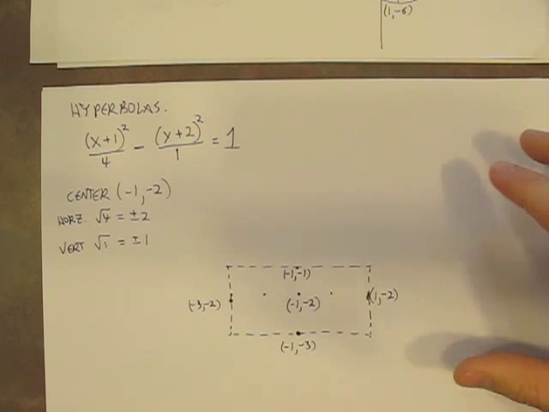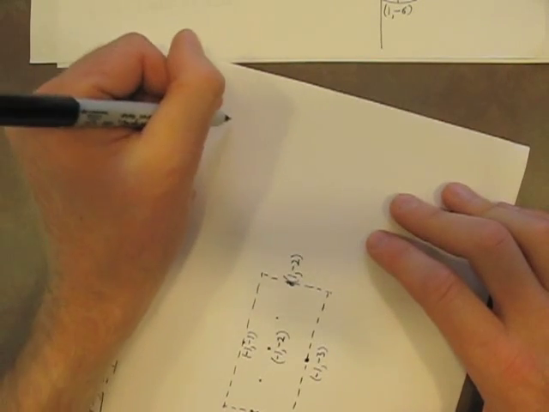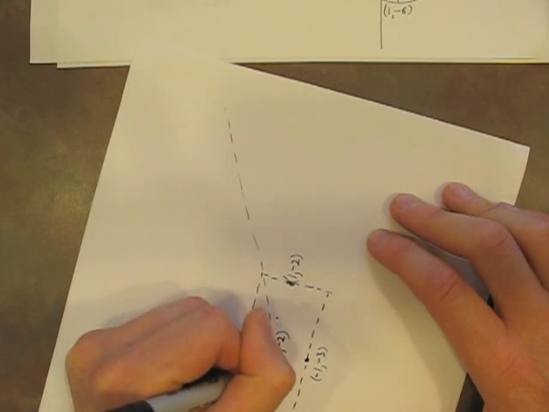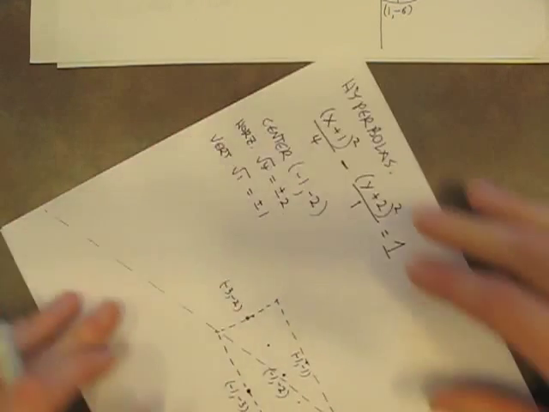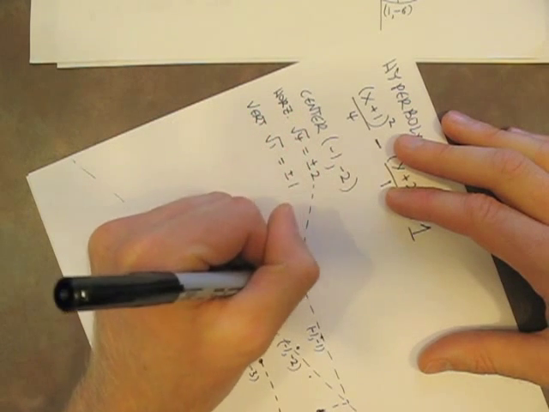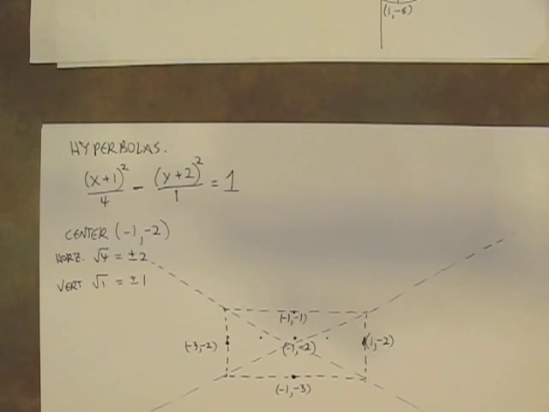Okay, now that box is going to define my asymptotes. So my asymptotes are going to run along the corners of the box. And I'm freehanding things, so my center sort of got a little bit messed up.